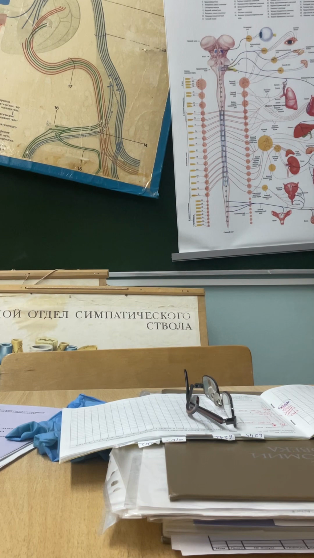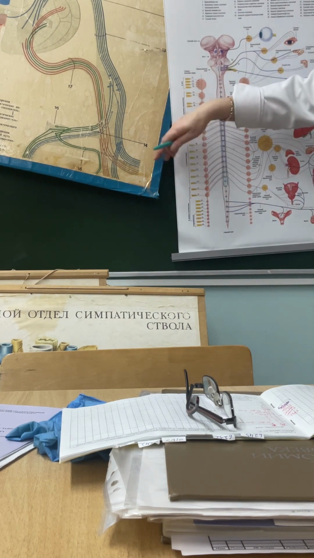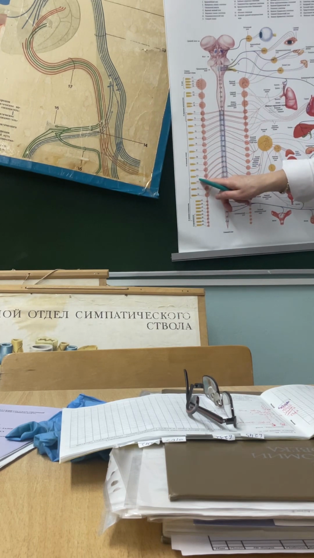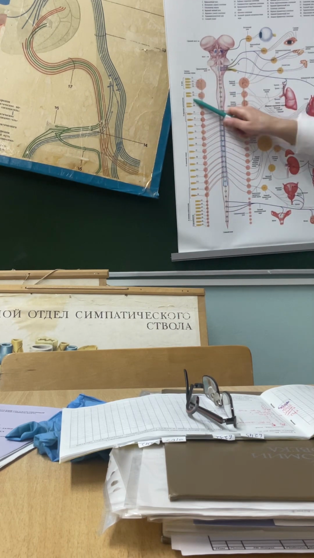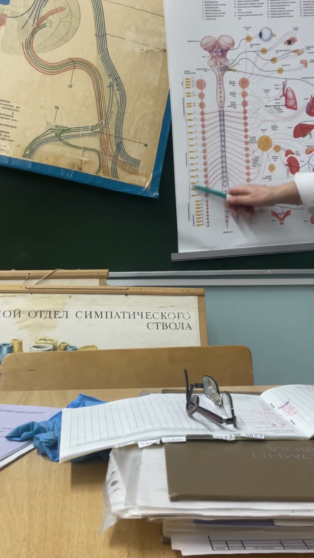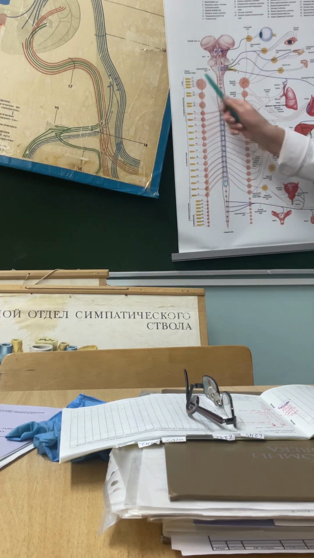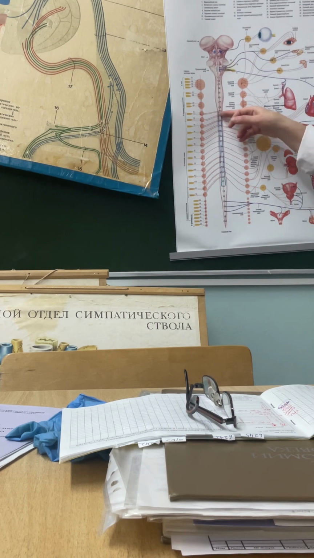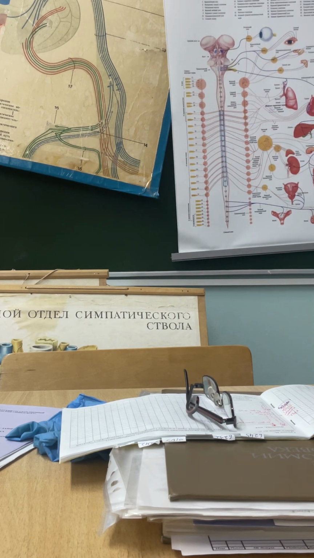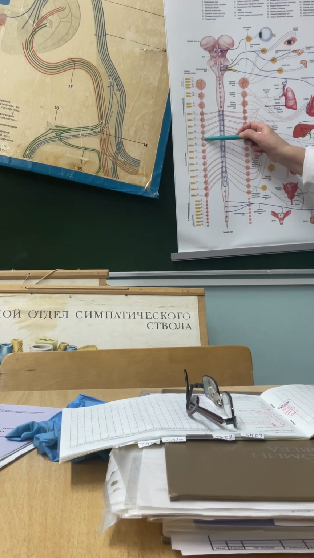Where do we see these branches? Here white, and on this side of the picture we see gray rami communicantes, which come to each spinal nerve, all cervical, all thoracic, and so on. How is it possible if we have centers only over here? These fibers don't necessarily synapse at the level where they enter the sympathetic trunk.